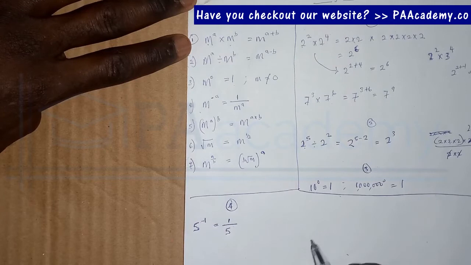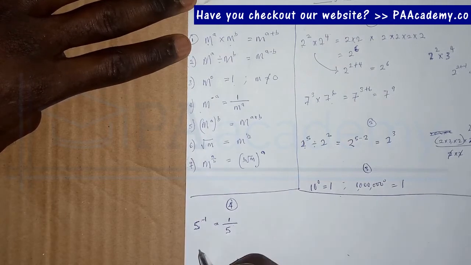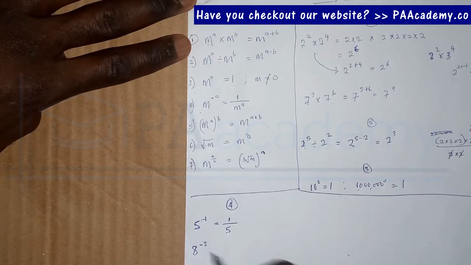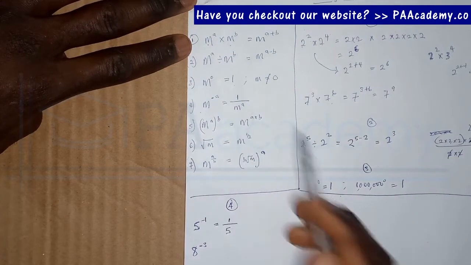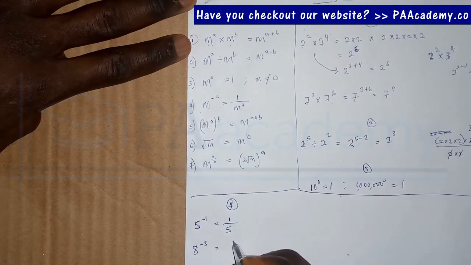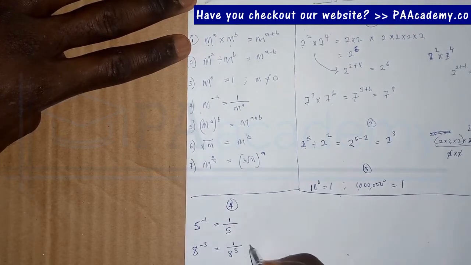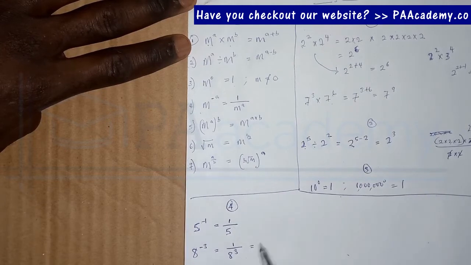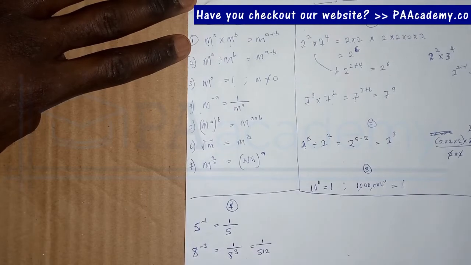Now another example is if you are having 8 raised to power minus 3. Using the law of indices, this fourth one, we can rewrite this as 1 divided by 8 raised to power 3. You can now go further and say 8 raised to power 3 is 512, so that will be 1 divided by 512.